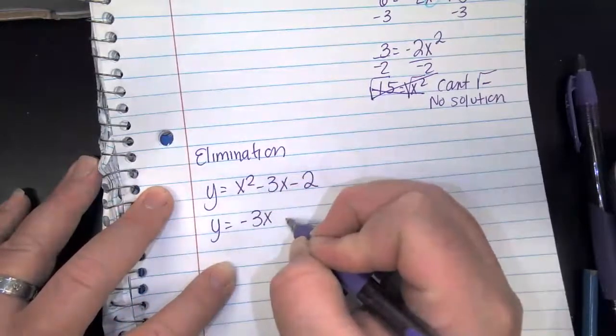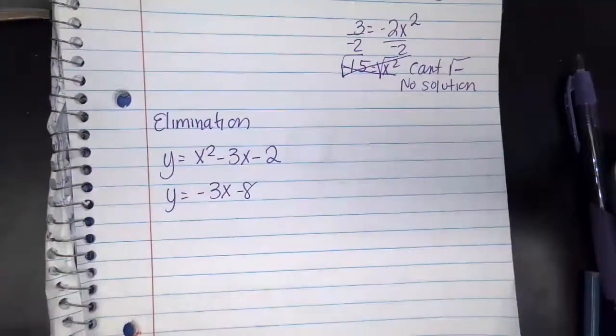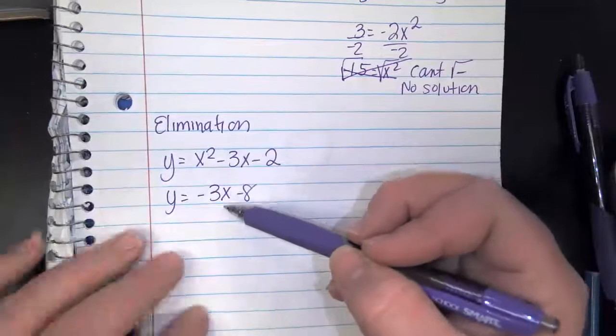Okay, now elimination is supposed to be getting rid of something, right? So the problem here is you have to eliminate something. This doesn't have an x squared, but this has a 3x and so does this.